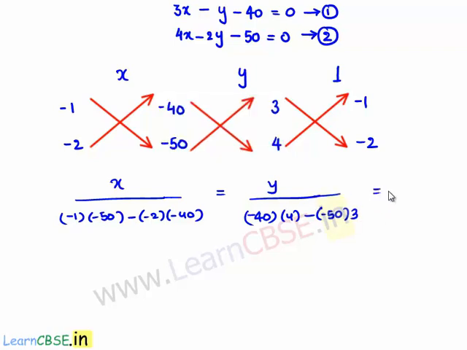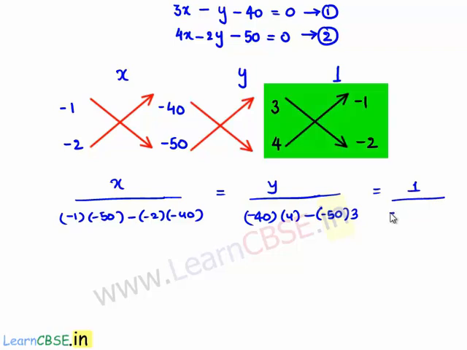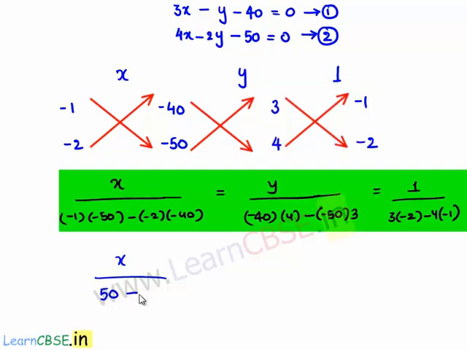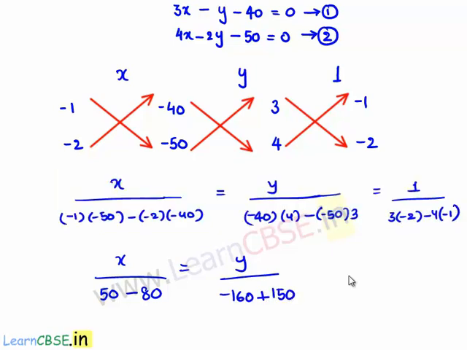This is equal to 1 divided by 3 times minus 2 minus 4 times minus 1. We will be getting x divided by 50 minus 80 is equal to y divided by minus 160 plus 150. This is equal to 1 divided by minus 6 plus 4.